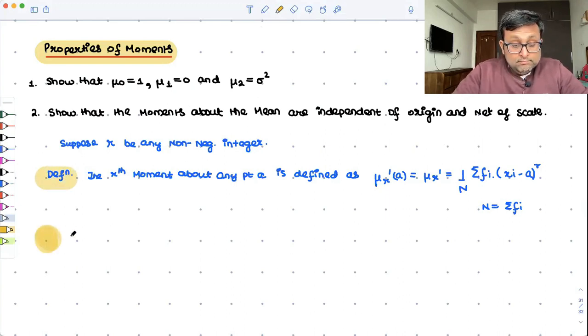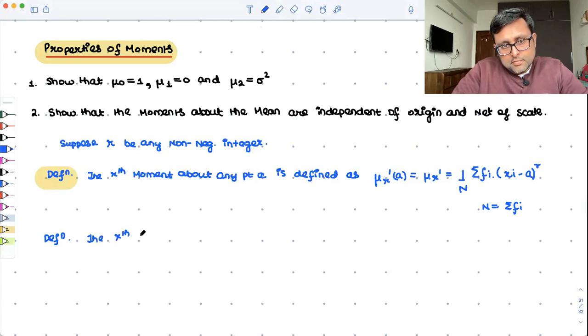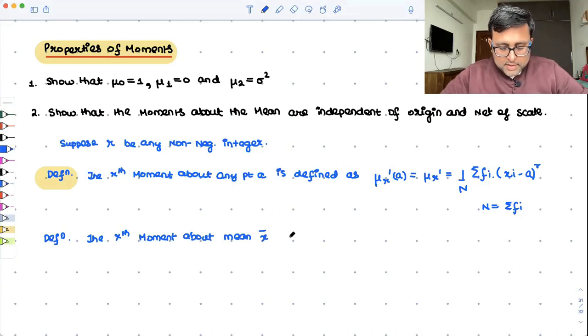The rth moment about mean x bar is defined as mu r.